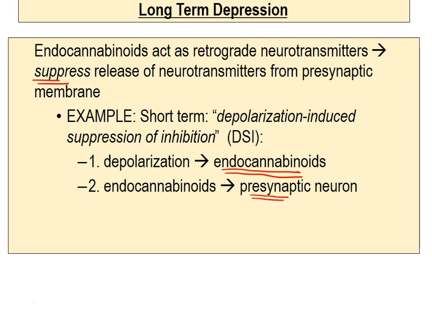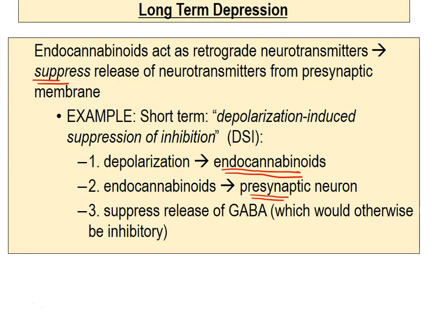They're moving backwards into the presynaptic neuron and suppress the release of GABA. GABA would be inhibitory, but now you've suppressed the inhibition, and so endocannabinoids can in this way be excitatory of long-term depression, which would then lead to reduction of AMPA receptors and less long-term potentiation.